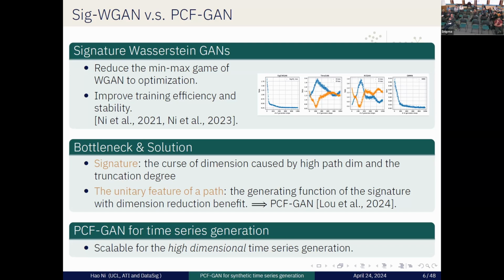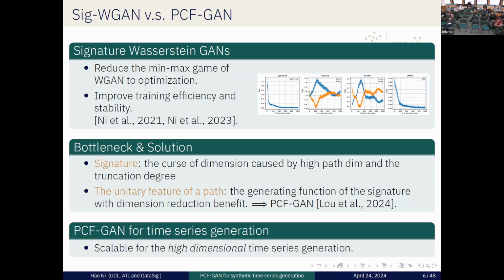However, this SigCWGAN model has its own bottleneck that is caused by the curse of dimensionality, with respect to the high path dimension as well as the degree of the truncated signature.